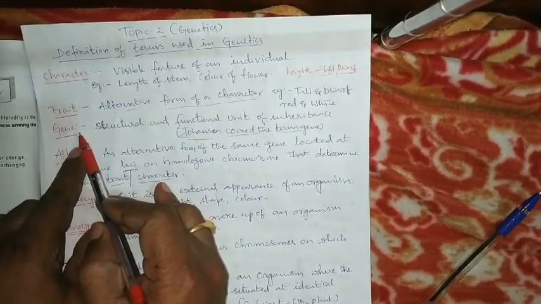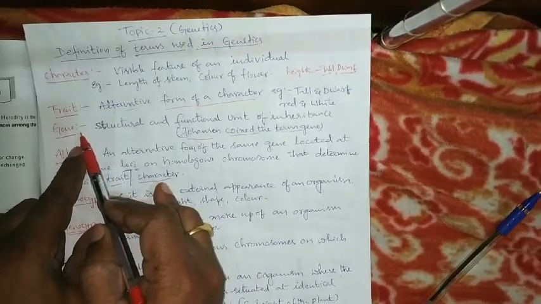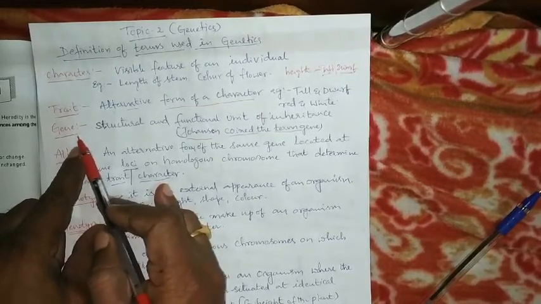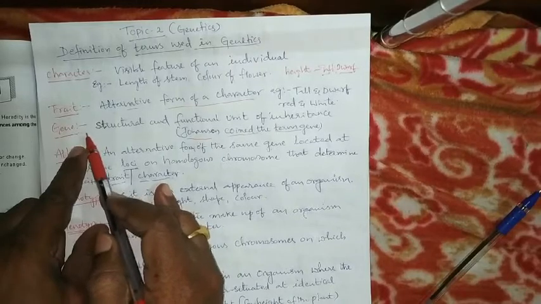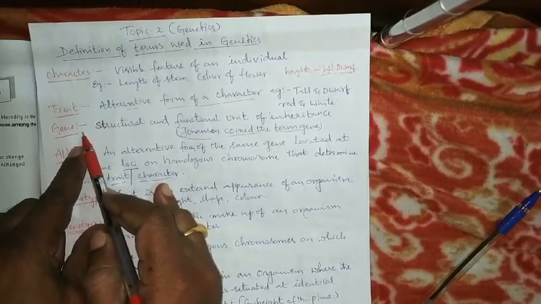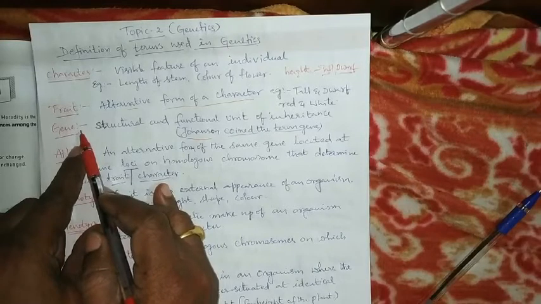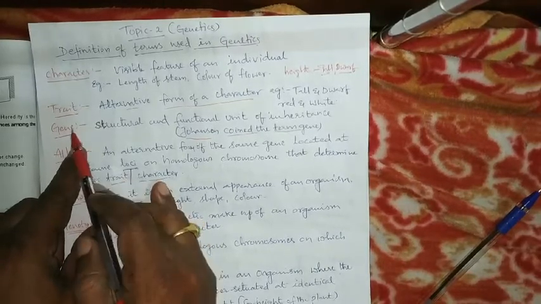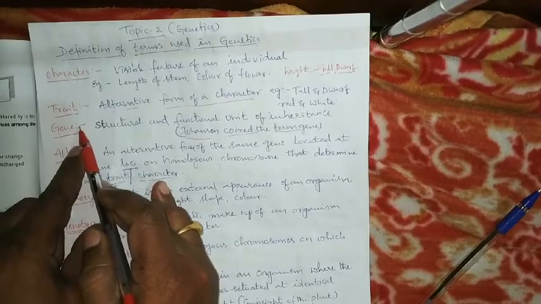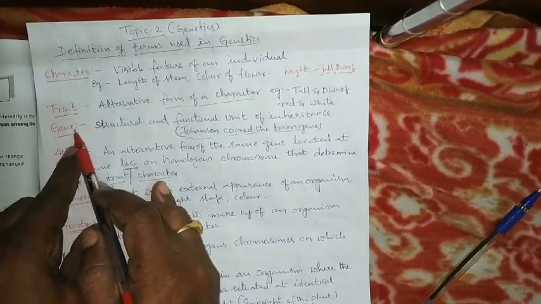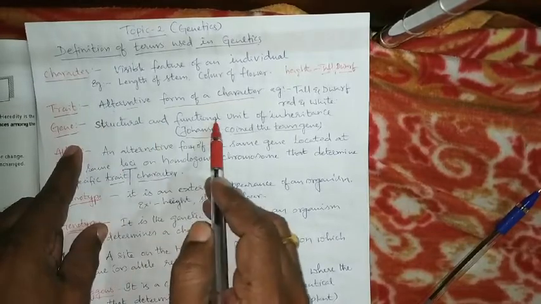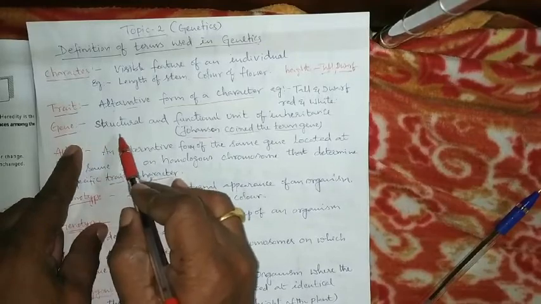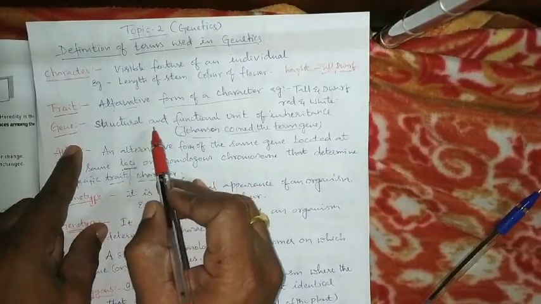After Mendel's research, some different scientists used this term gene after proposing the chromosomal theory of inheritance. Before that, there was no physical proof for the gene. Earlier, Mendel used a factor instead of gene, and also for that factor there was no physical proof. So that is about the gene, the structural and functional unit of inheritance. This gene is present on the chromosome and is responsible for the characters.